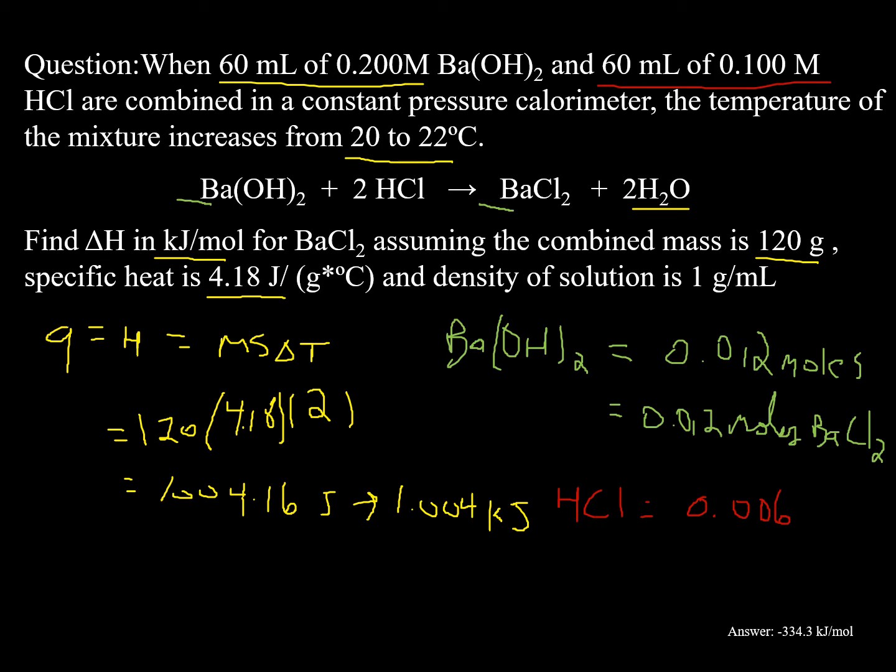What is the ratio between the two? Between here and BaCl2, it's a 1-to-2, so the 1 goes on top, the 2 goes on the bottom, the HCl's will cancel, and you're left with 0.003 moles of BaCl2.